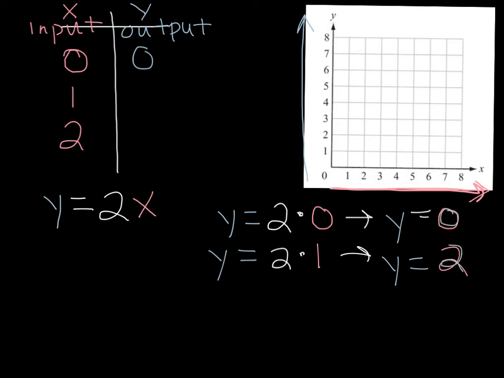So when I stick in a value of 1 for x, I'm getting out a value of 2. Let's try the last one here. Once again, I am sticking in my x value right in here. So 2 times a value of 2 is going to give me 4.